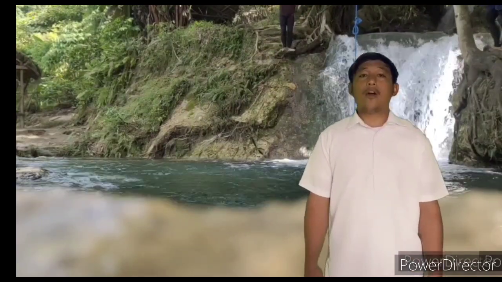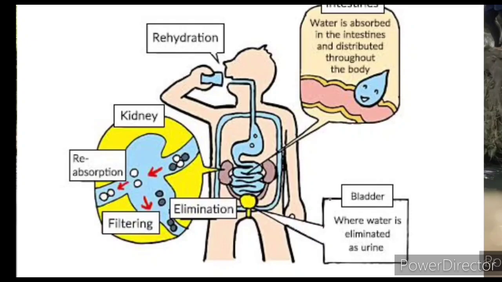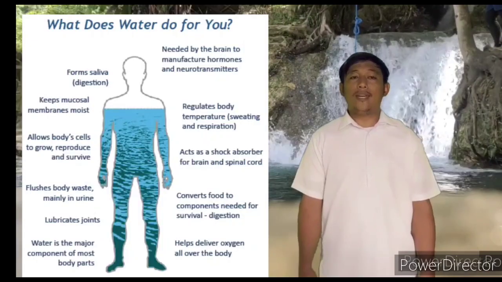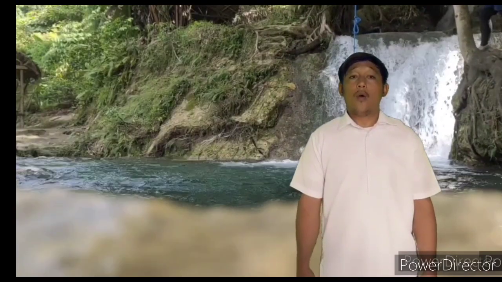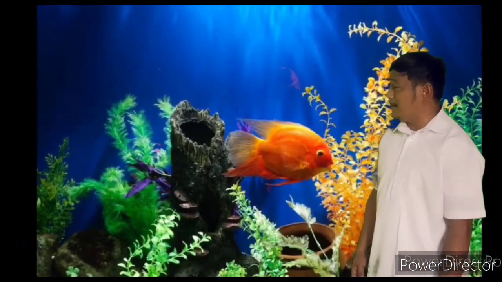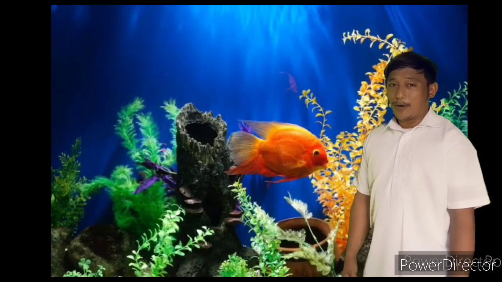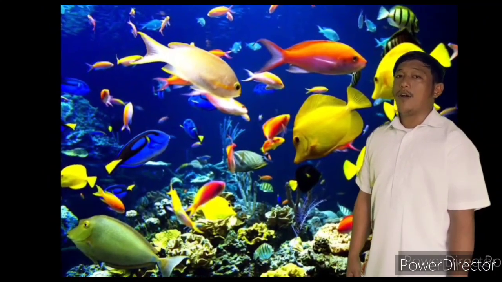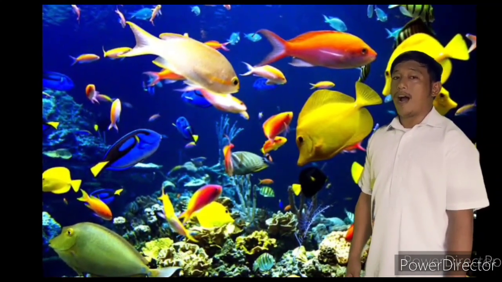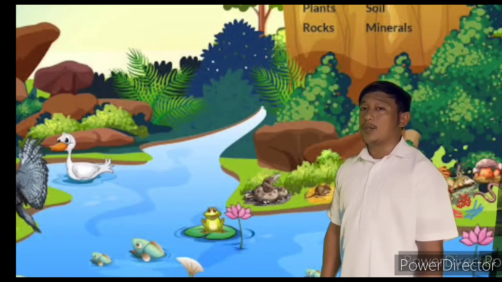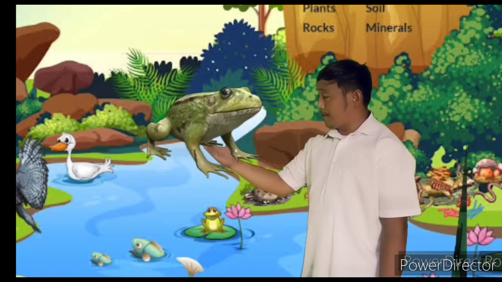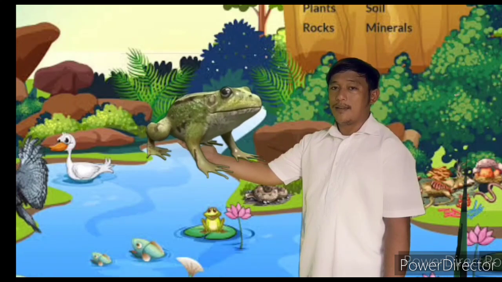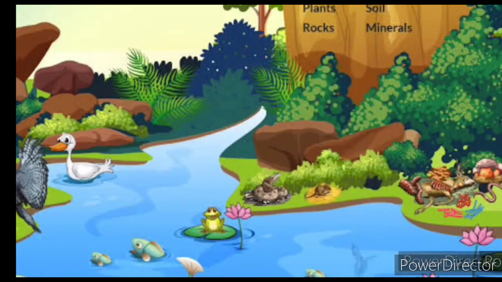Water makes our bodies absorb vitamins and minerals from food we eat. Water also provides a home for aquatic plants and animals. It also provides a breeding ground or a temporary home for animals who spend part of their lives in water, like frogs and some insects.